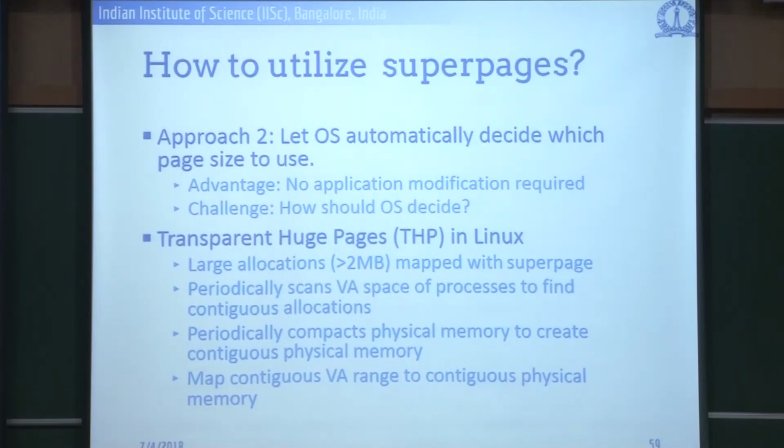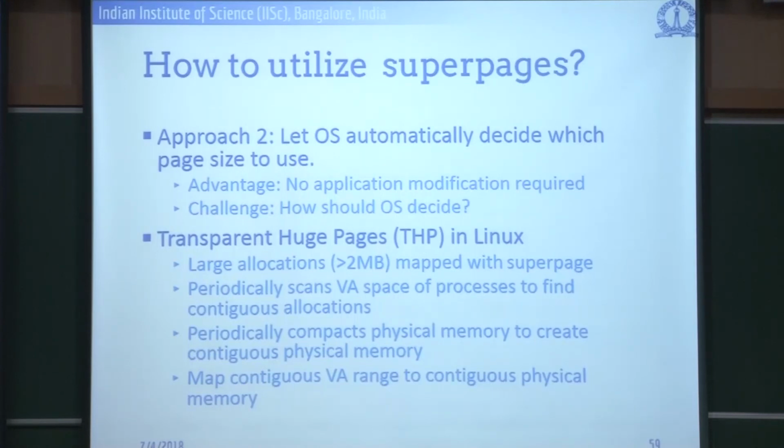It also periodically scans the virtual address spaces of processes and sees which regions are contiguous virtual address regions that are probably mapped using base pages. Then it says, okay, I'll use a super page for it. It finds a free super page and changes the page table entries.